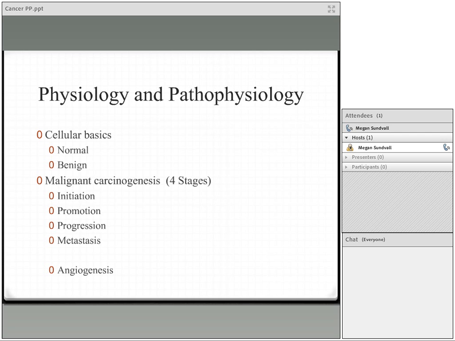Angiogenesis here, related to malignant carcinogenesis. Basically, angiogenesis talks about that it develops its own blood supply. So cancer cells provide nourishment and oxygen through angiogenesis.